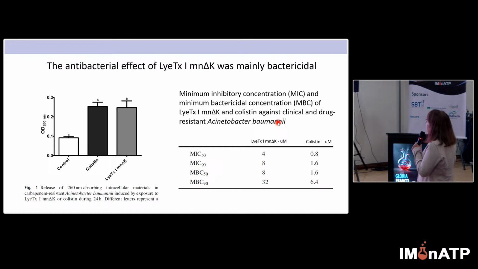And then they saw here it has a minimal inhibitory concentration of 4 micromolar. This is in most of the Acinetobacter baumannii they tested. Of course, some have a little bit more, some have a little bit less, and this is a median or an average. And they saw it's 4 micromolar, but for the original peptide, it was 0.7 micromolar.